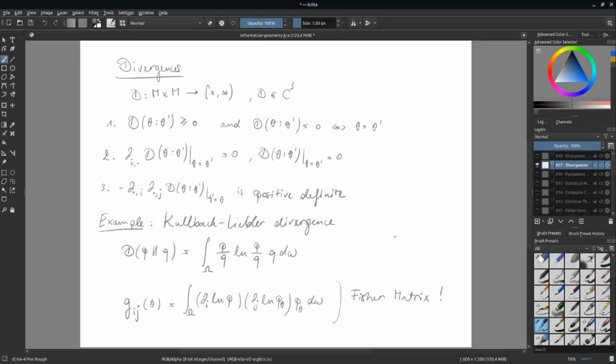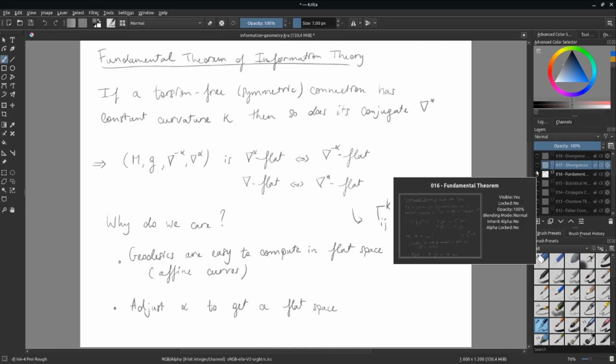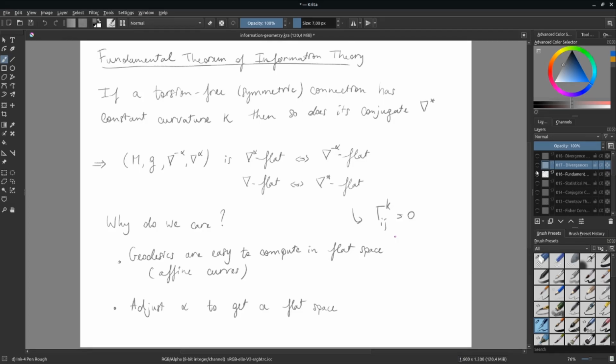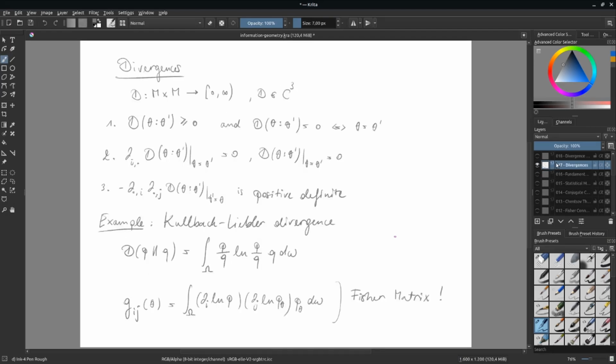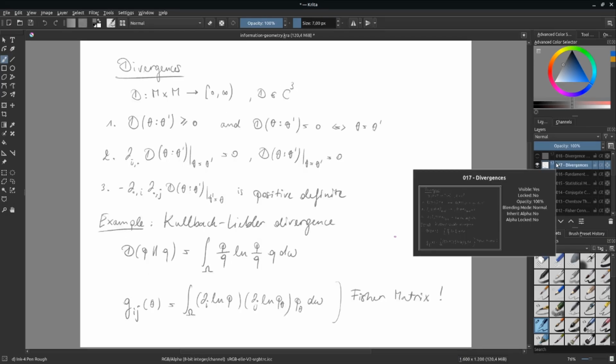Even if you took just the Fisher metric and the associated Levi-Civita connection, you could define the shortest path, and that would get you the Fisher-Rao metric. That gives you a distance between distributions.